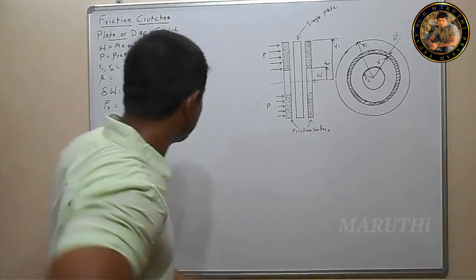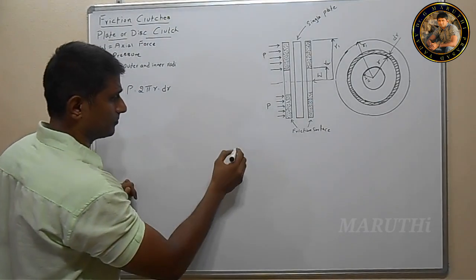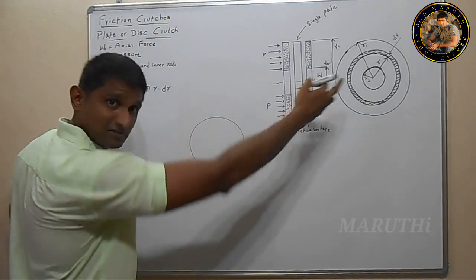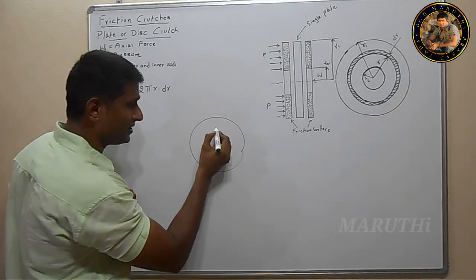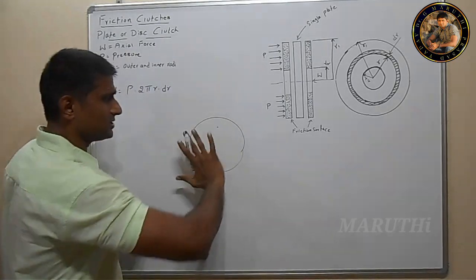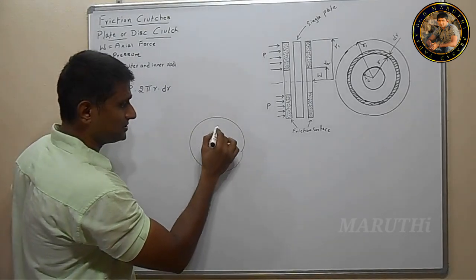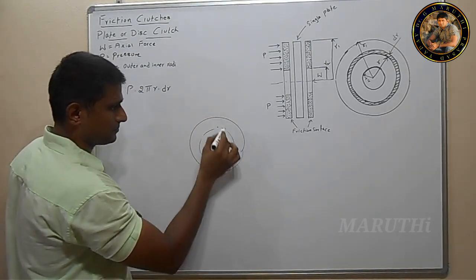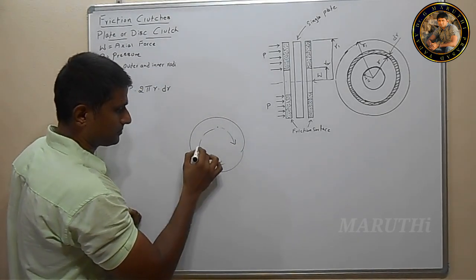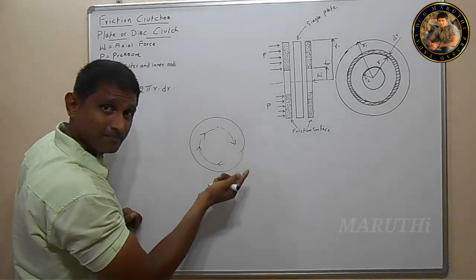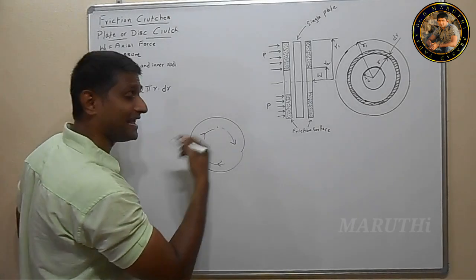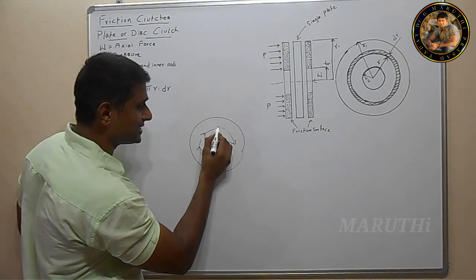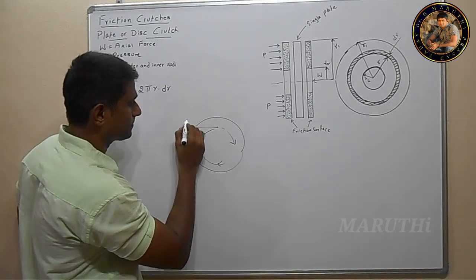If you take any point on the plate and it is rotating clockwise, the friction will be in the opposite direction, exactly circumferential, that is tangential, developing like this.